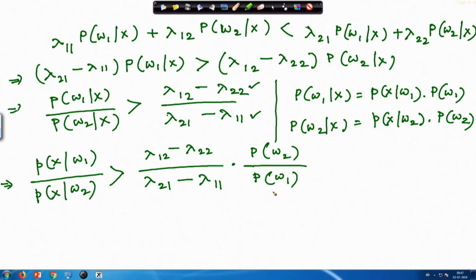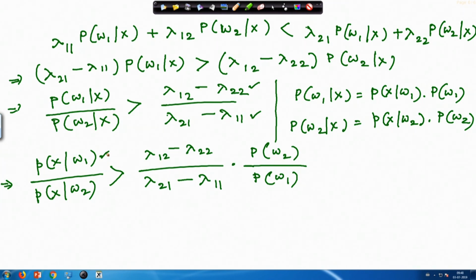So, now considering this p of x given omega 1 to be a function of omega 1, p of x given omega 1 gives me the likelihood value, and accordingly p of x given omega 1 upon p of x given omega 2 gives me the likelihood ratio.